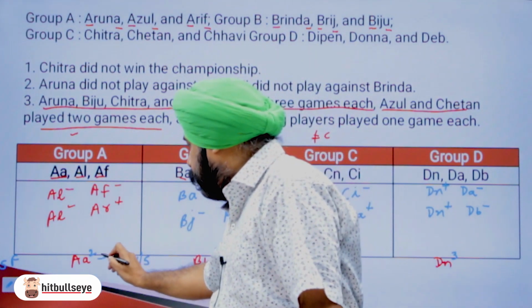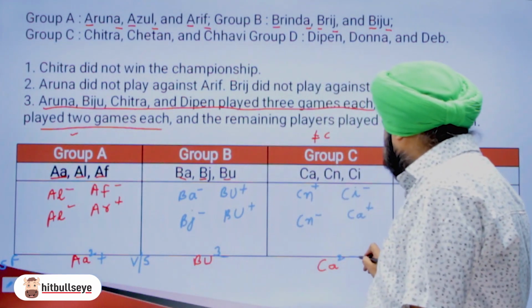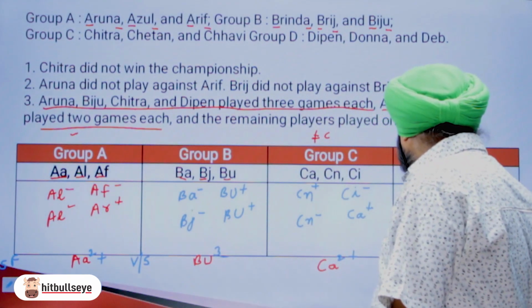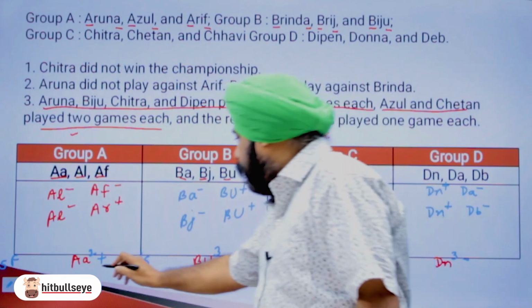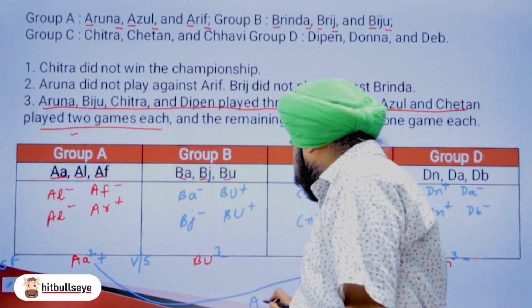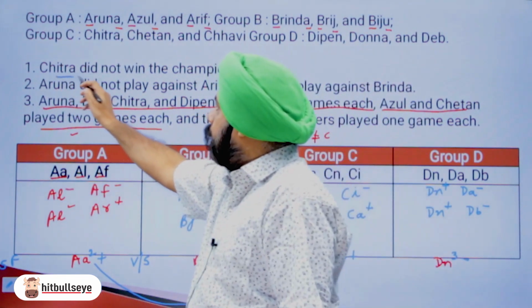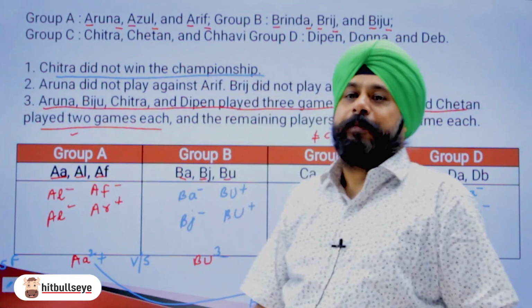So AA will win the semi-final, BU will lose it, and CA will win the semi-final and DN will lose it, people, and then AA and CA will play the finals, which AA will win. Why? Because Chitra did not win the championship.